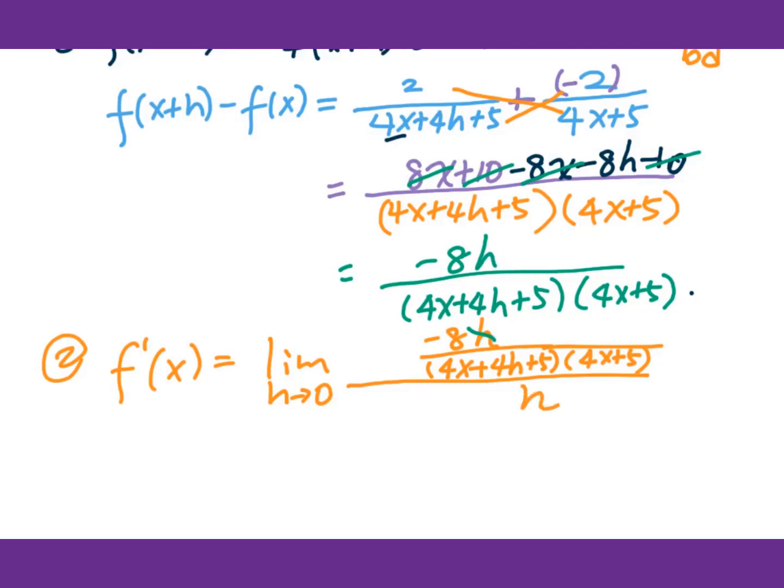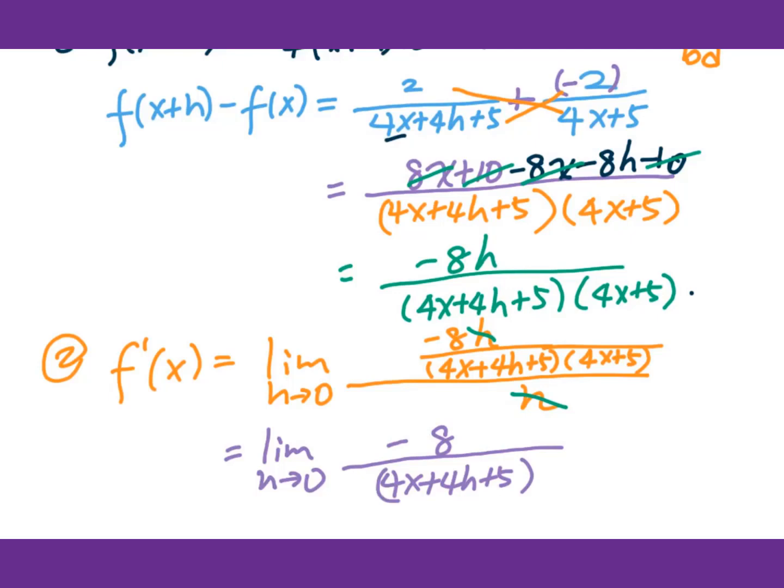Both numerator and denominator you can reduce, and you will get the limit as h approaches 0 of negative 8 over (4x + 4h + 5) times (4x + 5).